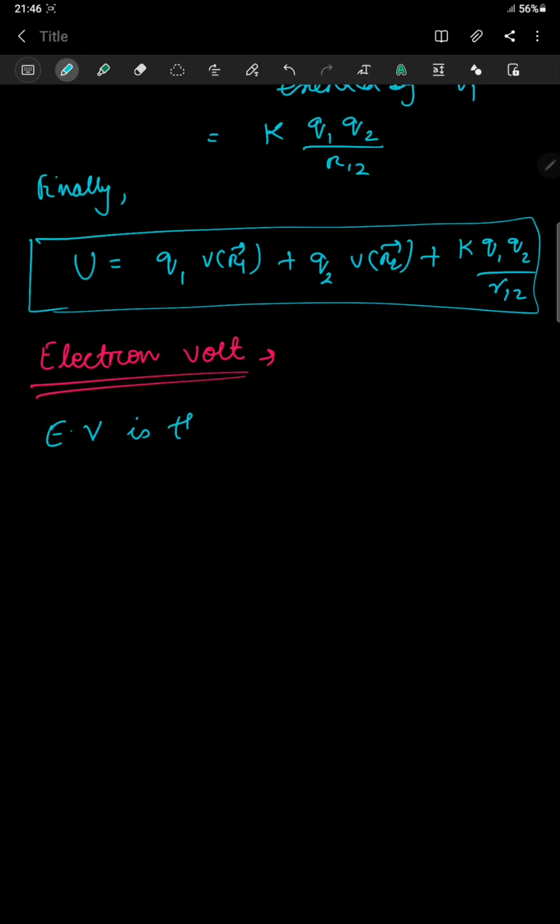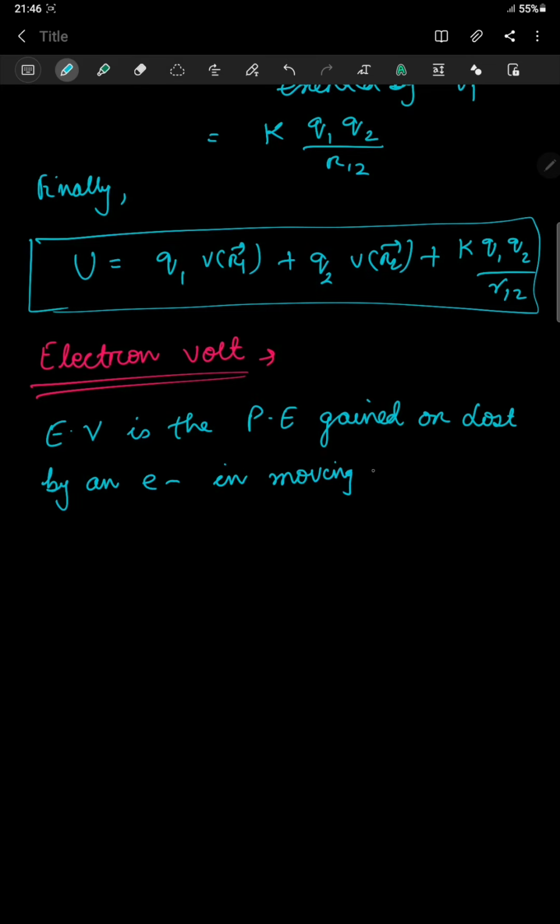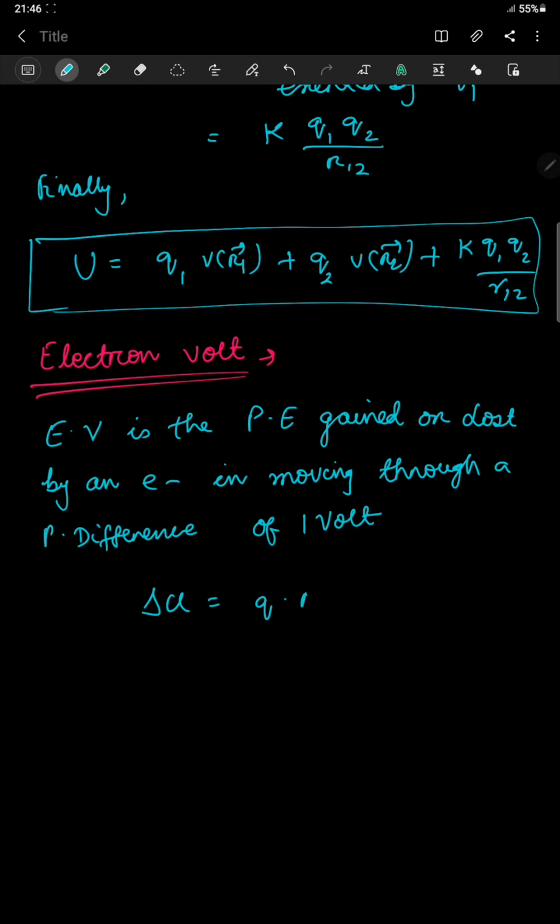Electron volt is the potential energy gained or lost by an electron in moving through a potential difference of 1 volt. So basically your delta U will be q into delta V.